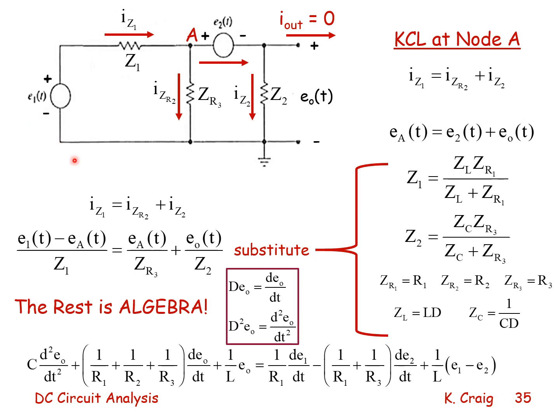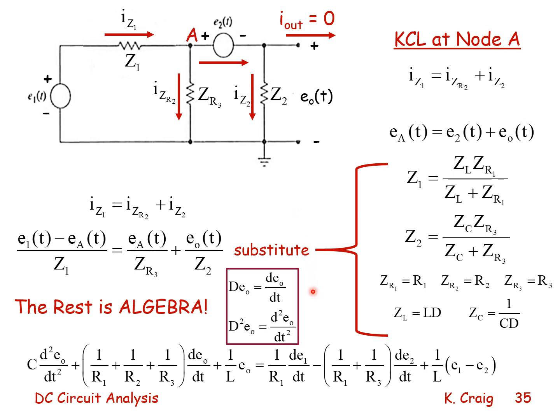I then redraw my circuit, and I show my Z1 and Z2, which are the equivalent impedances for the two parallel combinations. I apply Kirchhoff's current law at node A, and then the rest is algebra, and I'll let you go through the details of the algebraic manipulation.